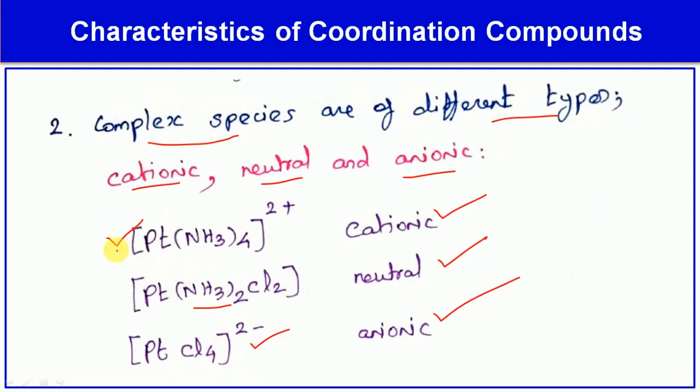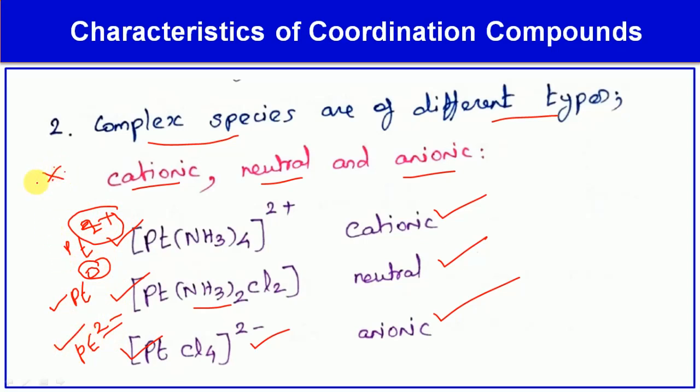So the first one is cationic, the second one is neutral, and the third one is anionic, which means here platinum is 2 plus, here platinum oxidation state is 0, and in the third one the charge is 2 minus. So that's why this is cationic, this is neutral, there is no charge, and the third one, 2 minus, is anionic. These are very important points.